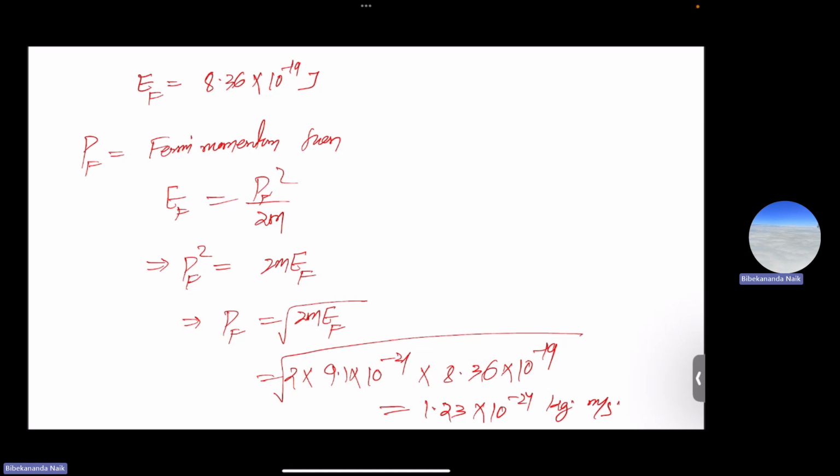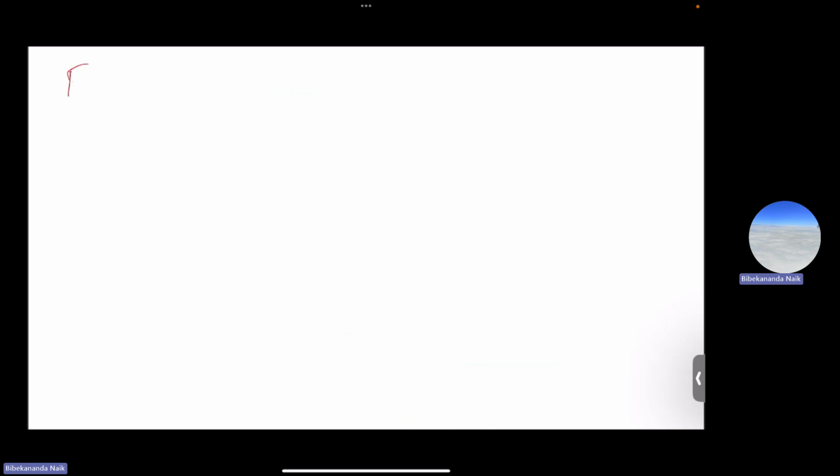Now, if you calculate the Fermi wave vector, that is kf, so h cross kf will be Pf.